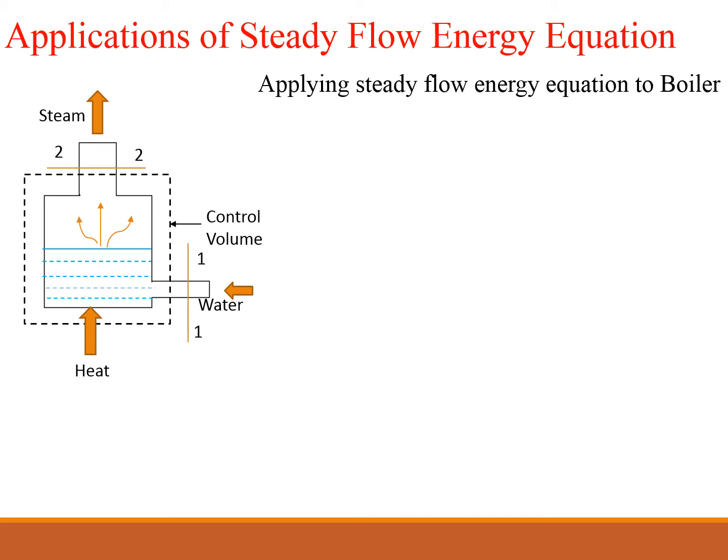At section 1-1 there is the inlet of water, and at section 2-2 there is the outlet of steam. Now apply the steady flow energy equation for the boiler. This is the general steady flow energy equation.